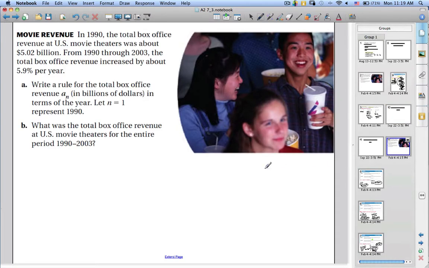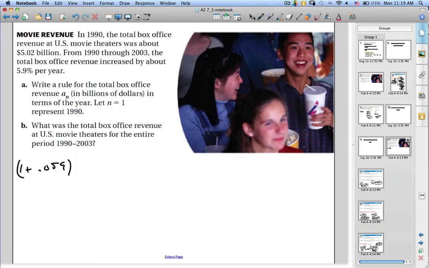So here, when we take a look at this particular problem, it says that it increases by 5.9%. So that's 0.059. And remember, that's going to be added to 1.